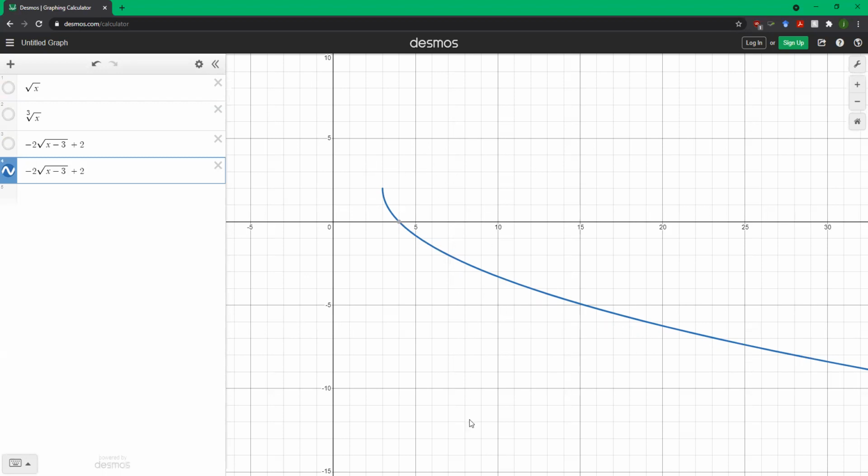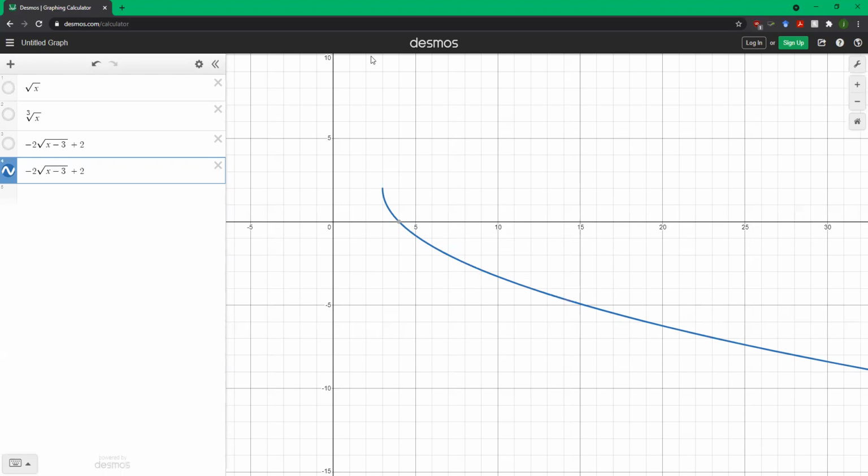Now for the range, remember we go from bottom to top. From the bottom, it's going all the way down. It starts down here, so it goes from -infinity, going up, up, up, and it stops right here at +2. So instead of starting at a value and going forward, it comes from negative infinity and ends at 2 instead of ending at infinity, right?